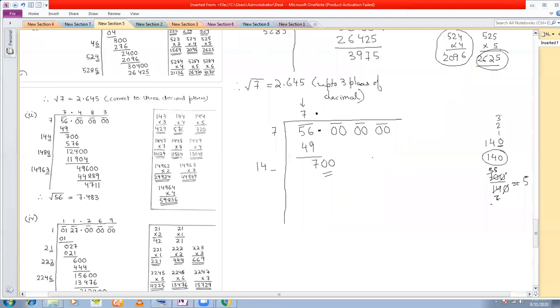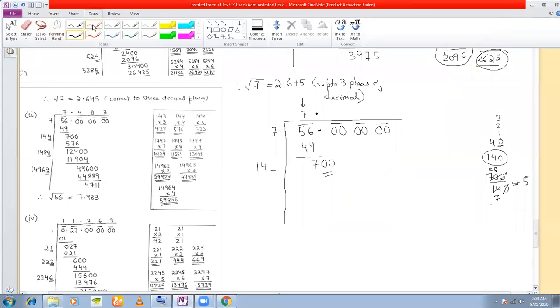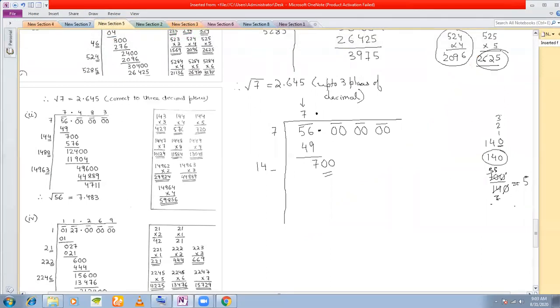Okay, so we're going to place a digit here. The quotient is approximately 5, right?